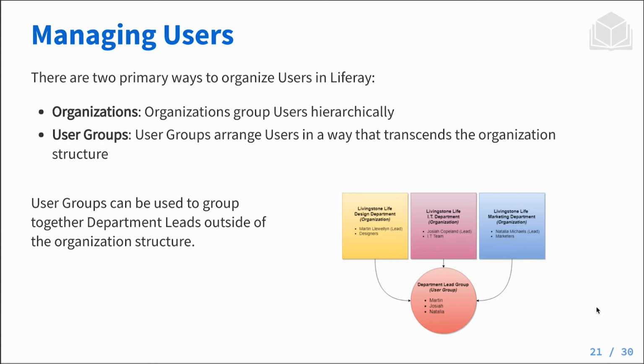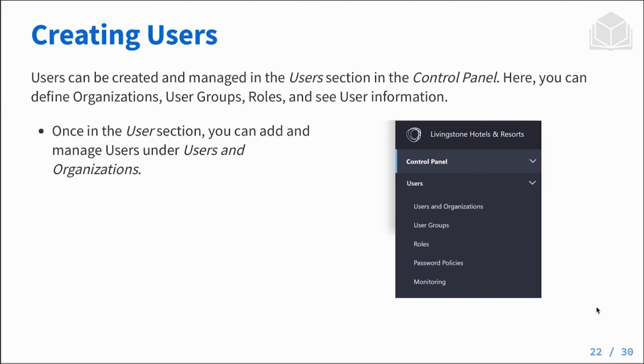So I could create a hotel manager user group, and all of my managers throughout the organization structure would go in that user group. There are also some more specific things you can do with user groups, giving them pages and roles to work with as well. So that's the different ways in general that you can organize your users.